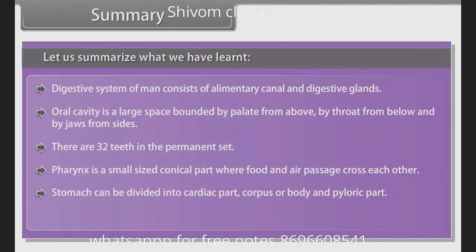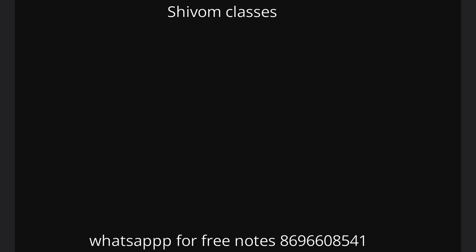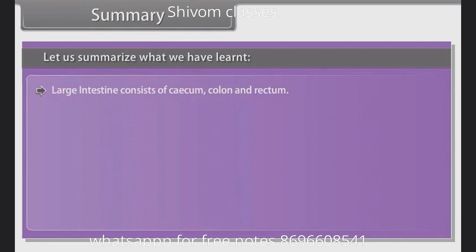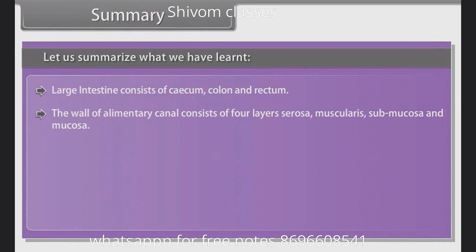Stomach can be divided into cardiac part, corpus or body, and pyloric part. Small intestine consists of duodenum, jejunum and ileum. Large intestine consists of caecum, colon and rectum. The wall of the alimentary canal consists of 4 layers: serosa, muscularis, submucosa and mucosa.